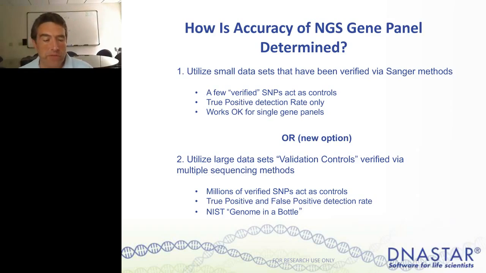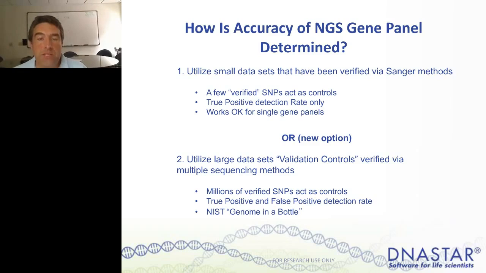Generally, what you'll do is run a next-gen run on that same data set and see, with my Ion Torrent or my Illumina, do I find the SNPs that I know are there? That is a very natural thing to do, and you want to do that to make sure that as you move from Sanger to next-gen, you're catching the same SNPs.